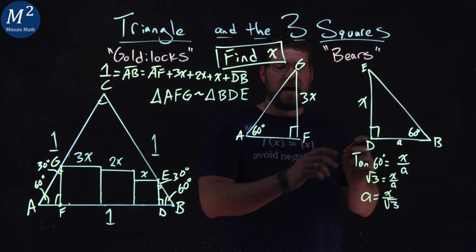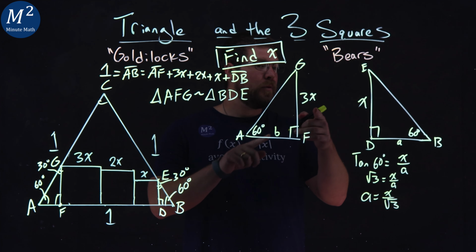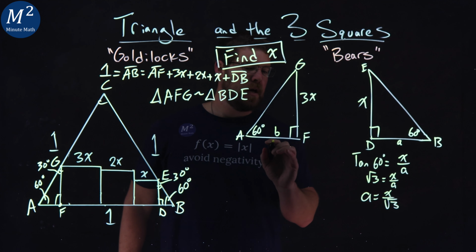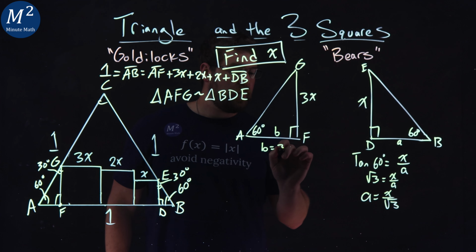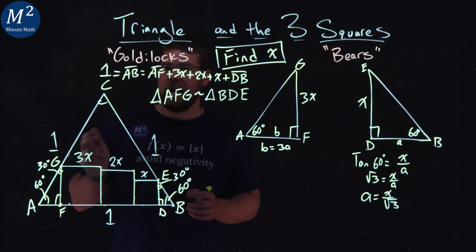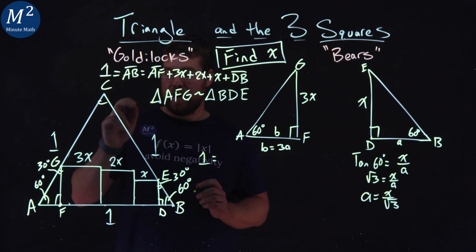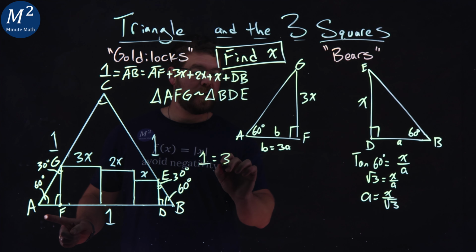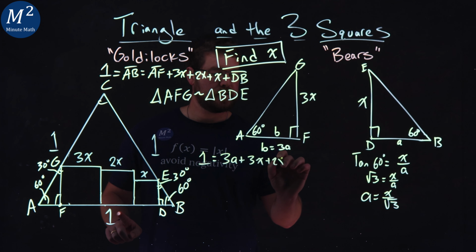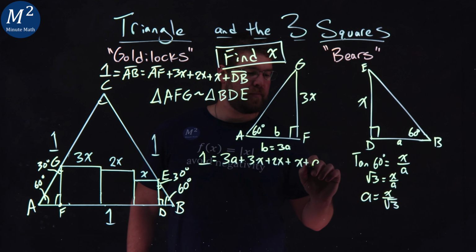So if we call this a, let's call this length AF to be b. And b, look at our proportion here, it's 3 times, right? Because they're similar triangles, 3 times. Well, b is equal to 3 times a. So watch this little trick here. I'm going to take AB, which is 1, and that's equal to AF, which we said is 3a, plus 3x, plus 2x, plus 1x, plus this little itty bitty length we said was a.